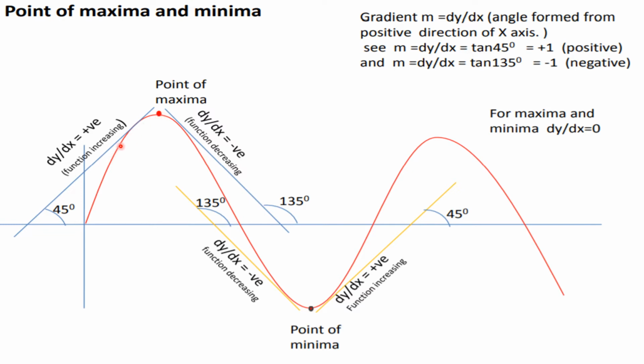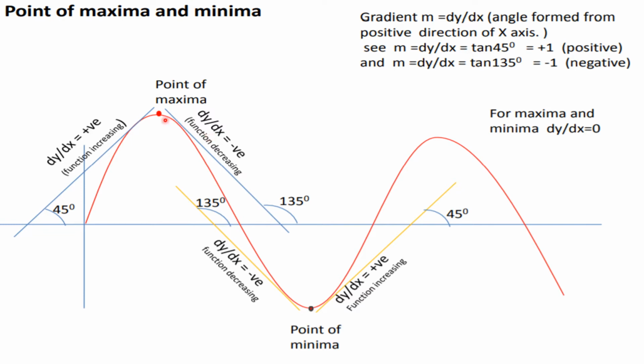If you observe here, this side is increasing and this side is decreasing. At this point left side is increasing and right side is decreasing. Means here the sign changes from positive to negative.